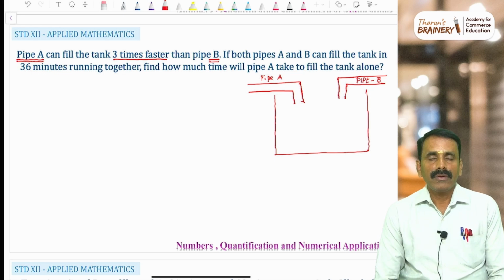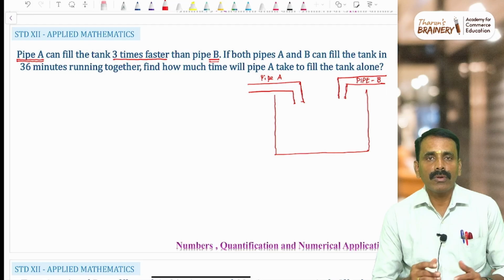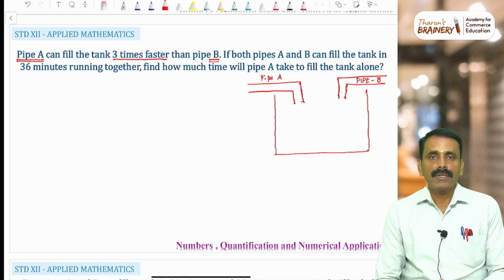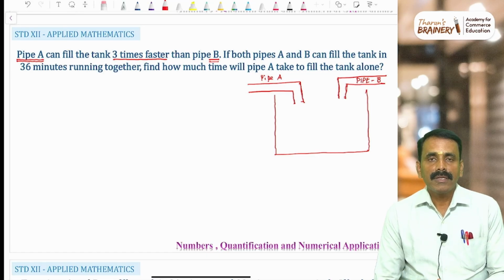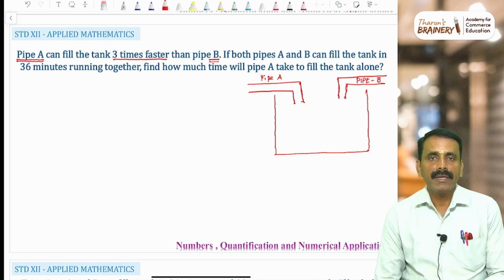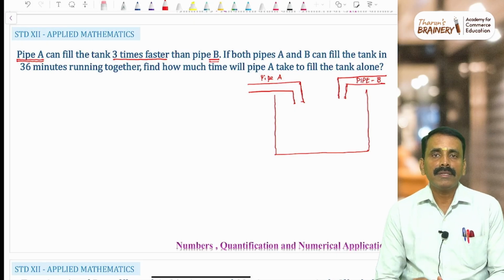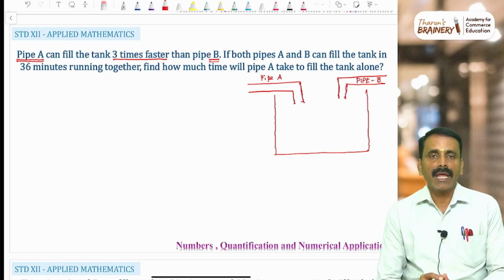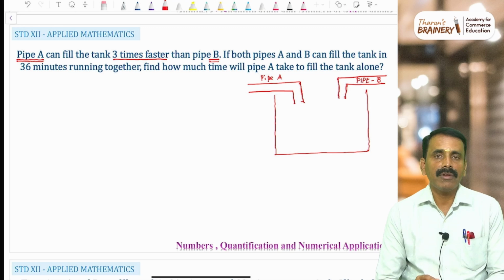What is faster? The inflow of the water is more in pipe A than pipe B. Suppose the tank is filled by pipe B in 3 hours, then the time taken by pipe A to fill the tank will be just 1 hour.